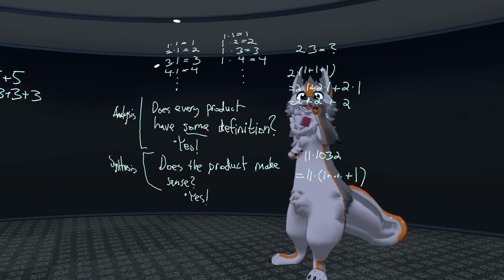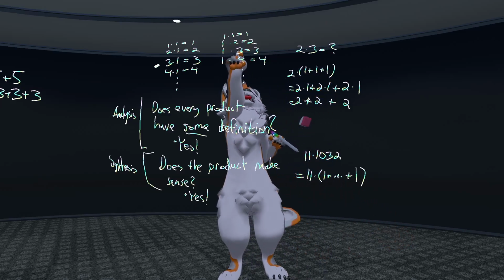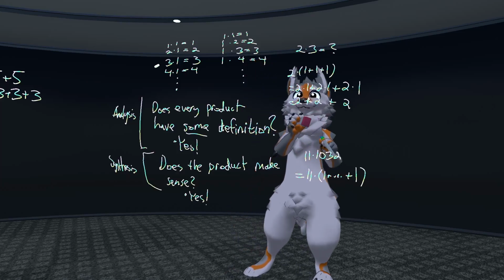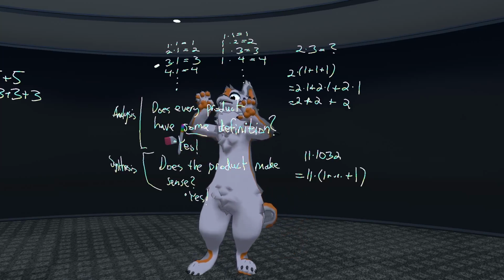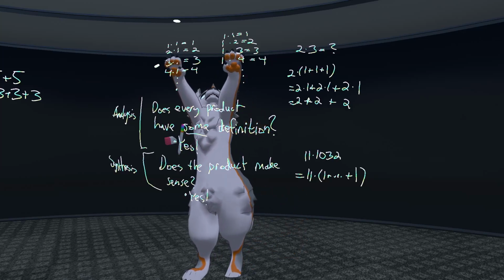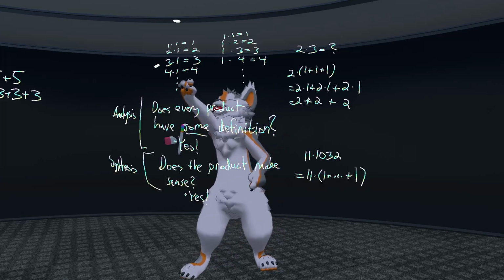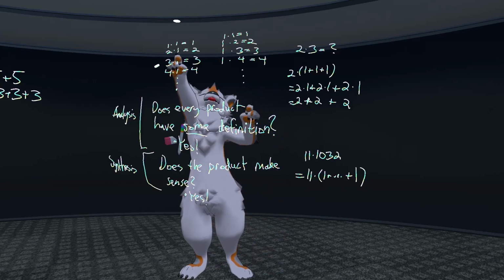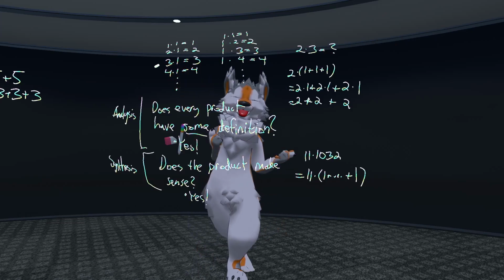Because we have another rule here that says that 1 times 2 is also 2. So how one should interpret this is that whenever you have multiplication that includes 1, then it's commutative. So 2 times 1 is the same as 1 times 2 because they both give 2.